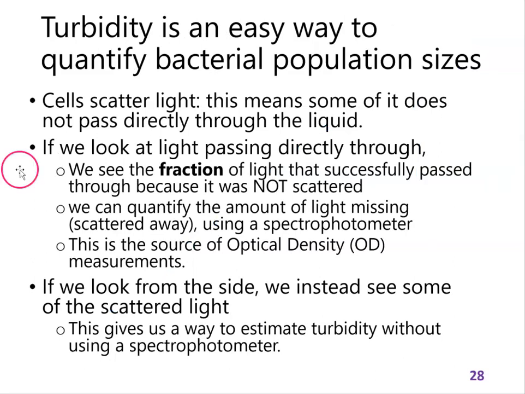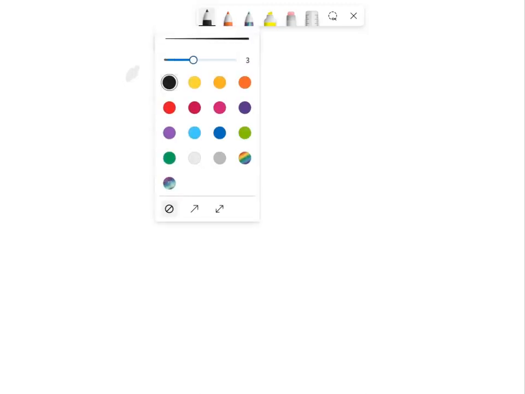Turbidity is the idea that as cells become abundant, they start to scatter light, and so the water they're in becomes cloudy. So if you fill a test tube, wow, why would I have left it like that?